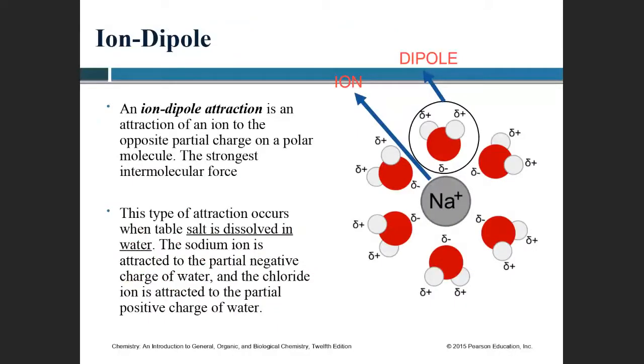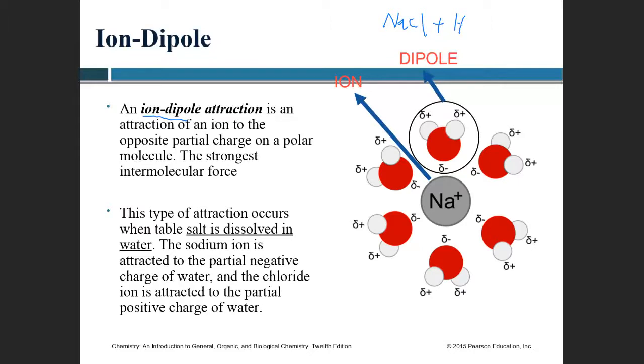The fourth type of the intermolecular forces is the ion dipole. In the case of the ion dipole attraction, the simple example is sodium chloride when we dissolve it in water.